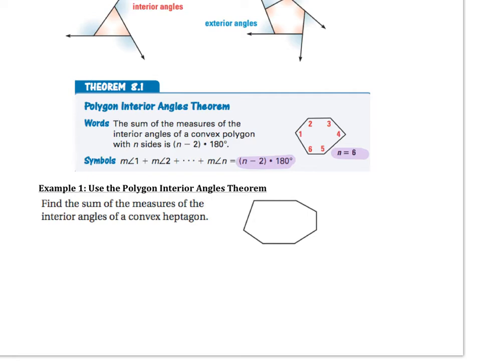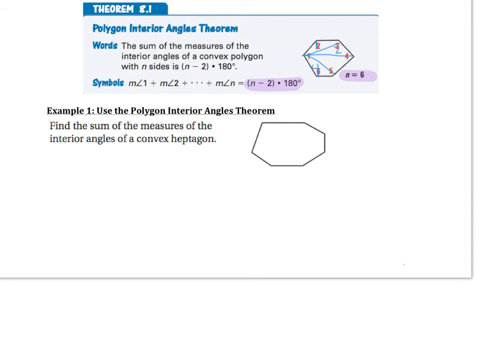The reason is that if you go from one vertex and draw triangles, we'd have 1, 2, 3, 4 triangles, or n minus 2. 6 minus 2 is 4. And in a triangle, the sum of the interior angles is 180. So it would be 4 times 180. That's how it is derived.